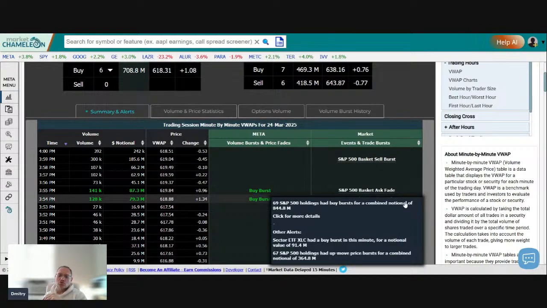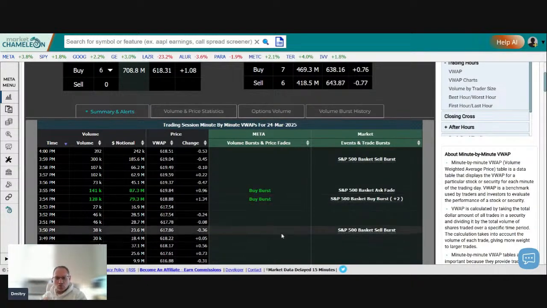There are another 2 events there. If we hover over it, one was in a particular sector, XLC, that also saw a large buy burst. So that could explain it away, because you do want to figure out what else is going on.